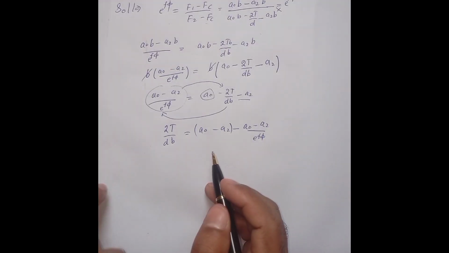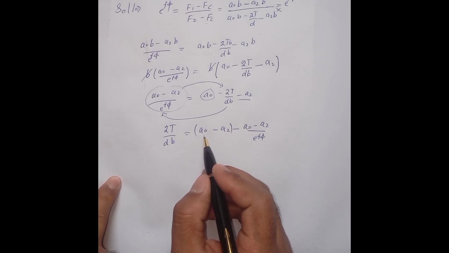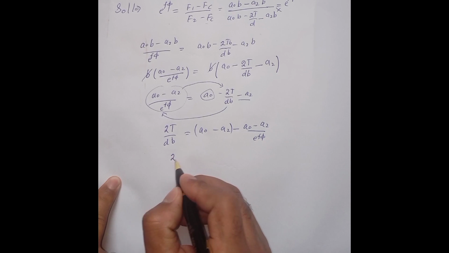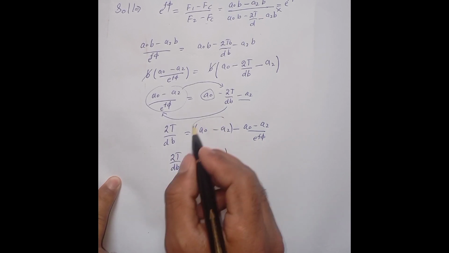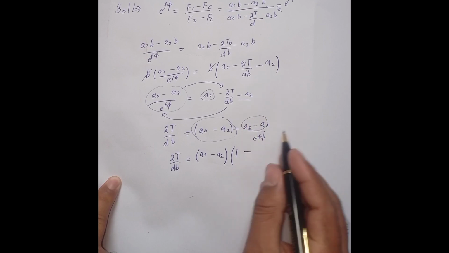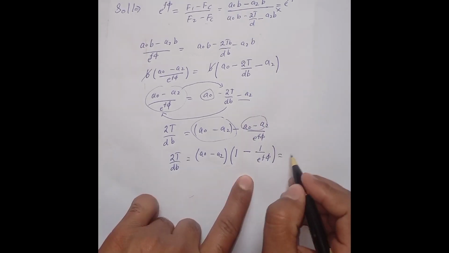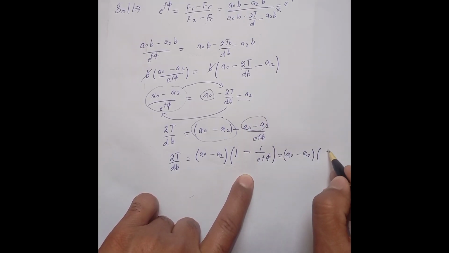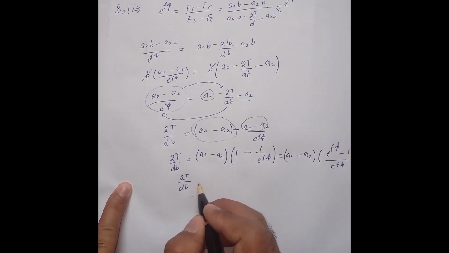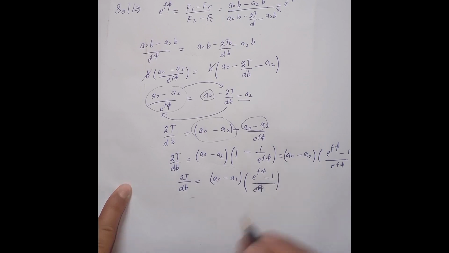Now what you can do is take a naught minus a2 common from the right side of the equality. You will get 1 minus, and you will get 1 over here as well. Now take LCM, you are going to get this. So 2T by d b is equal to a naught minus a2 into e to the power f phi minus 1 divided by e to the power f phi.